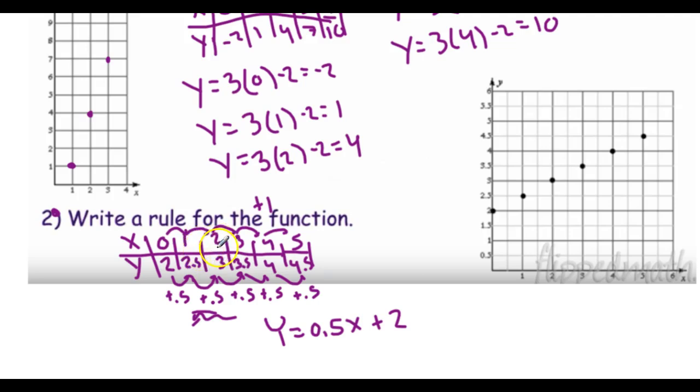Good. 2 times 0.5 is 1, 1 plus 2 is 3. 3 times 0.5 is 1.5, plus 2 is 3.5. 4 times 0.5 is 2, 2 plus 2 is 4. 5 times 0.5 is 2.5, plus 2 is 4.5. So this works. We are good. Nice job.